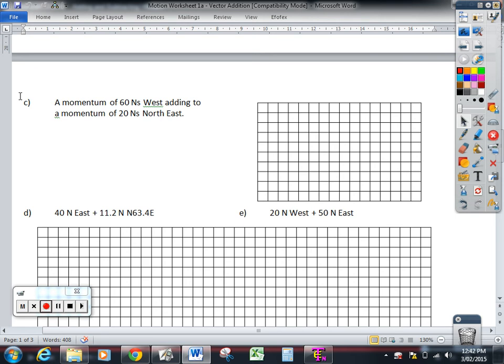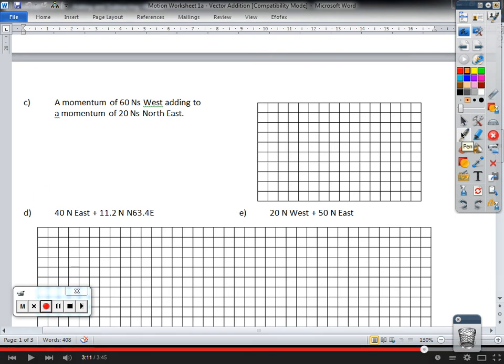I'm also now going to get rid of that one there. That one requires a protractor and it's a pain. It's not worth the effort tonight to try and do that one. So C and E as well, please.